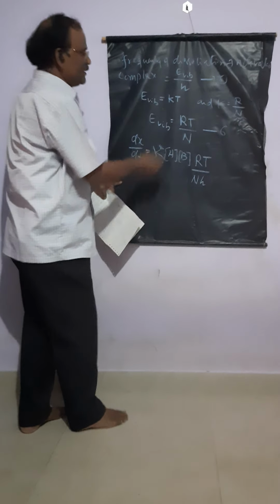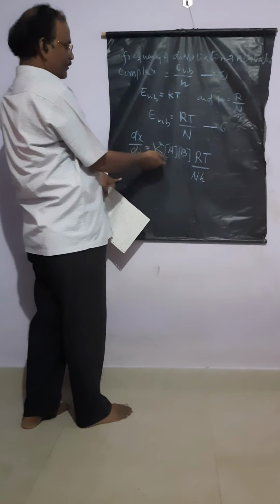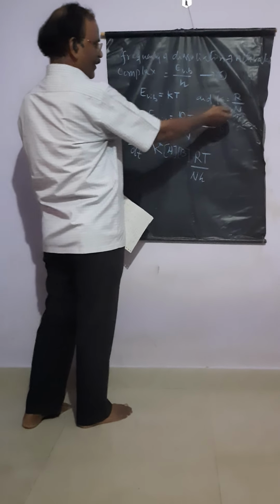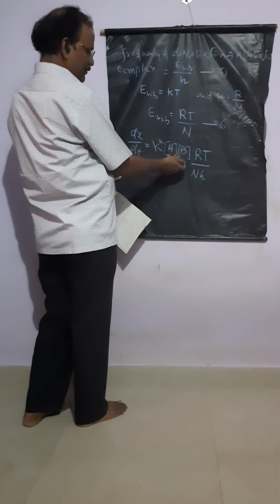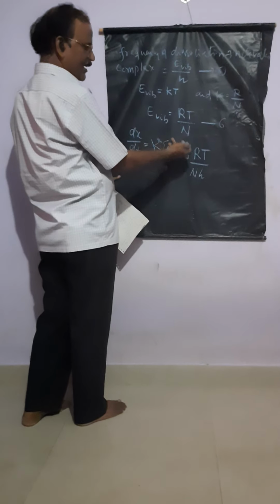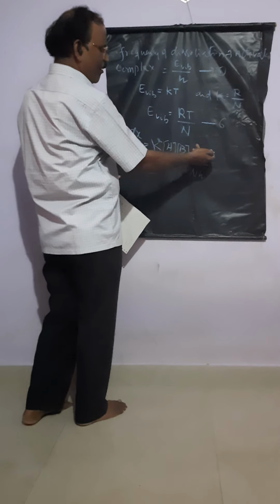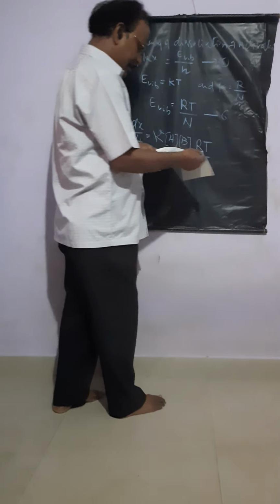E vibration is given by RT divided by N, and here you can write k is equal to R by Nh. So you can substitute this. So dx by dt is equal to K star into concentration of A, concentration of B into RT divided by Nh. So this is equation number 8.